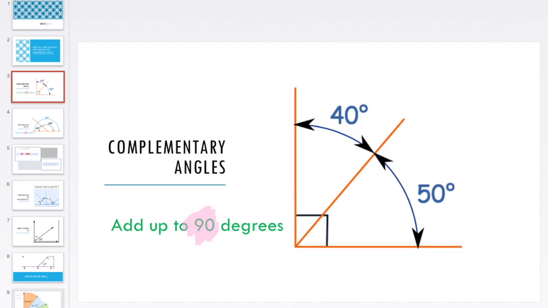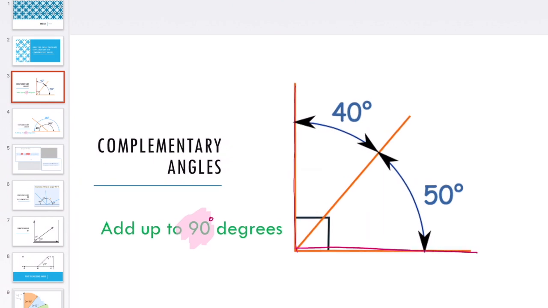So complementary angles are angles that add up to 90 degrees. That means you're going to have these perpendicular lines. Perpendicular means you're making a 90 degree angle. This is perpendicular, and this angle is 90 degrees. Okay?